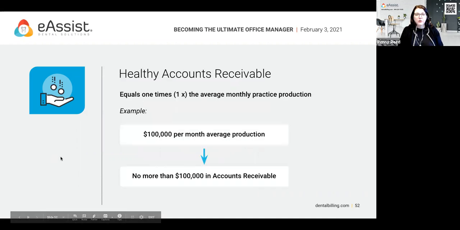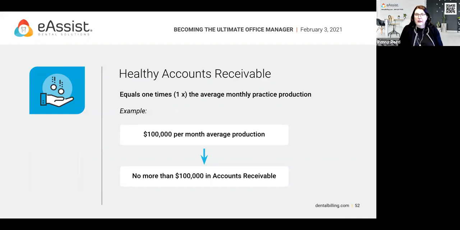So if you're wondering, I'm an office manager, maybe I'm new, maybe I haven't been doing this for 2 years or 10 years or 20 years, what should my accounts receivable be? Say your practice averages $100,000 a month in production, and I want to say collectible production, so this would be net production after adjustments.